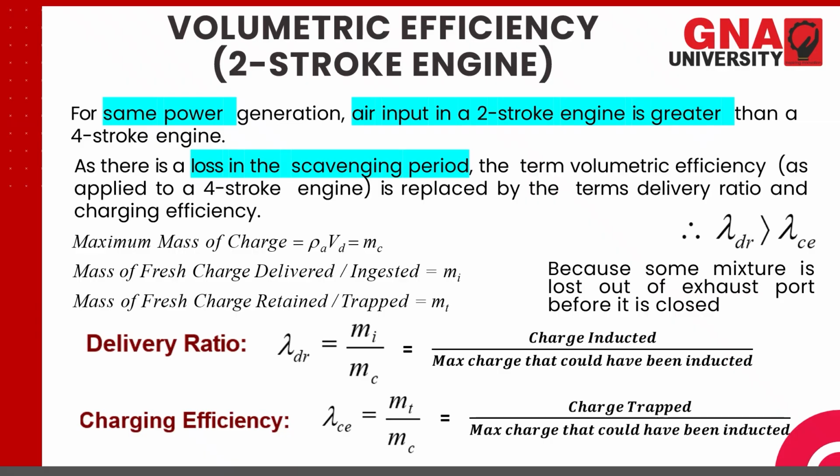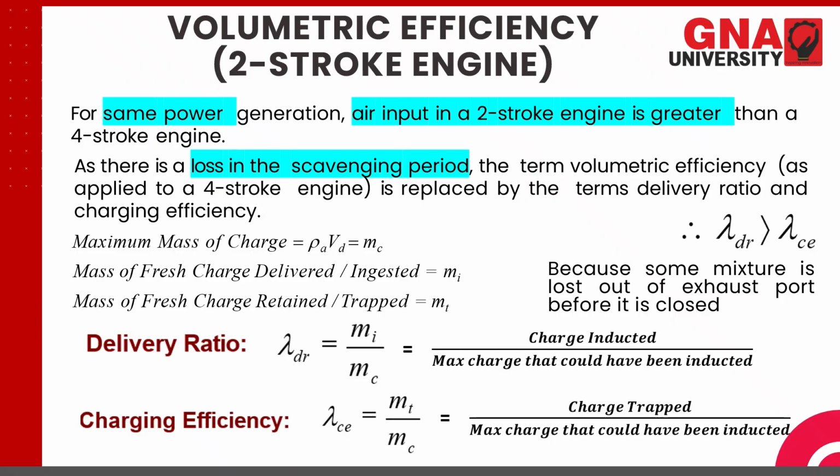But most of the charge is retained. So the charge that is retained inside is called charge trapped, denoted by MT. So the ratio of MT to MC, that is the maximum charge, is called the charging efficiency.